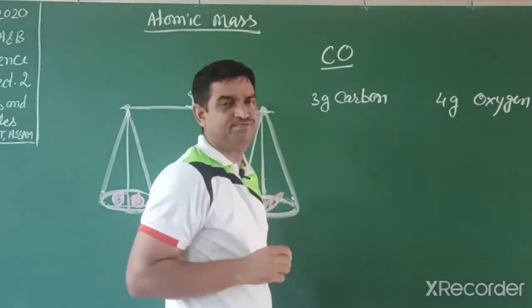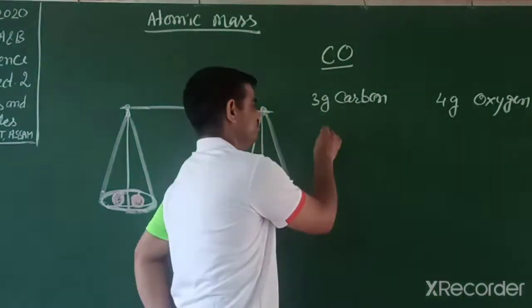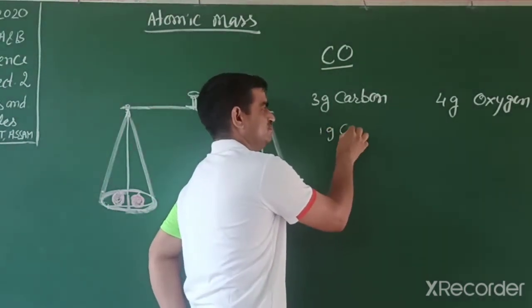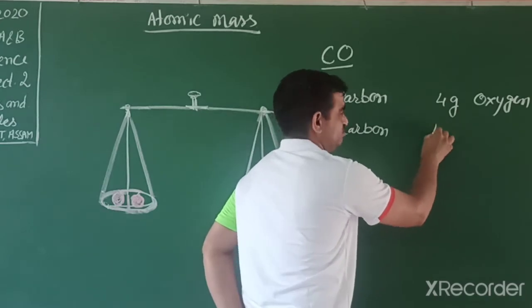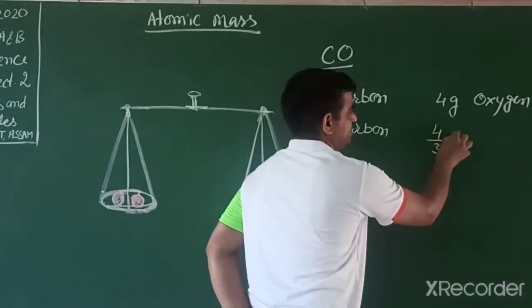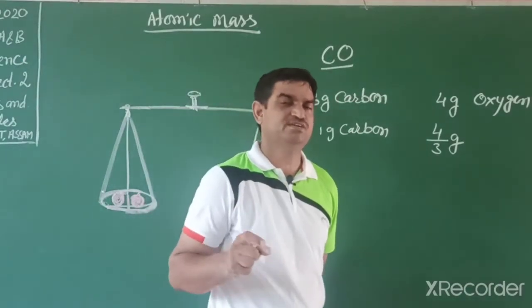Students, then we find the relative mass of carbon. If 1 gram carbon reacts, then the oxygen mass is 4/3 gram. But an atom is very, very small, so we can't find it out directly.